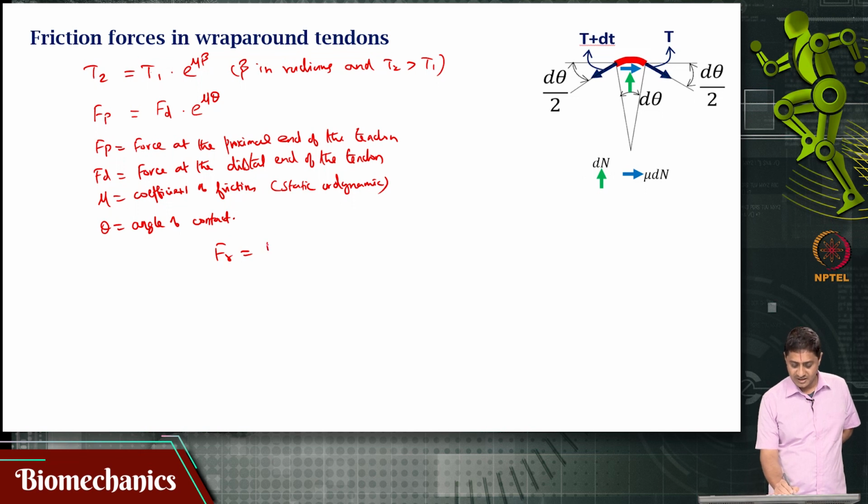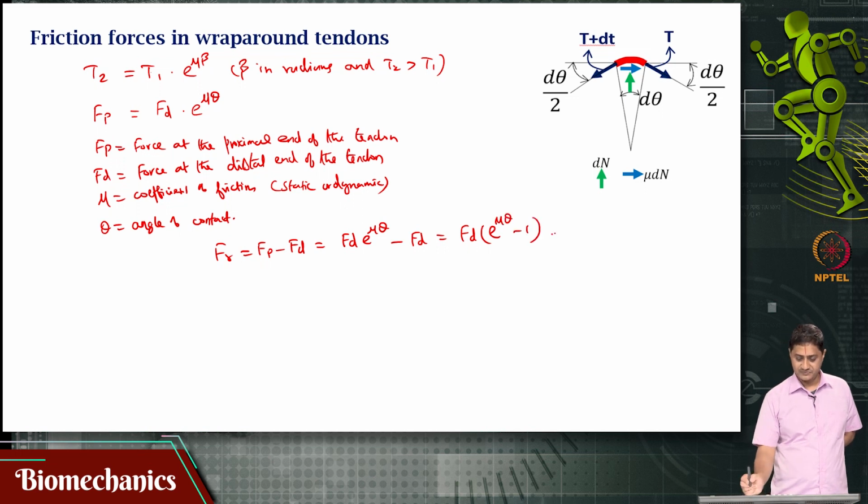That would be Fd times e power mu theta minus 1, is it not? Or let me rewrite that. That would be Fp minus Fd, which is, substituting the value for Fp, Fd e power mu theta minus Fd. That would give me Fd times e power mu theta minus 1.